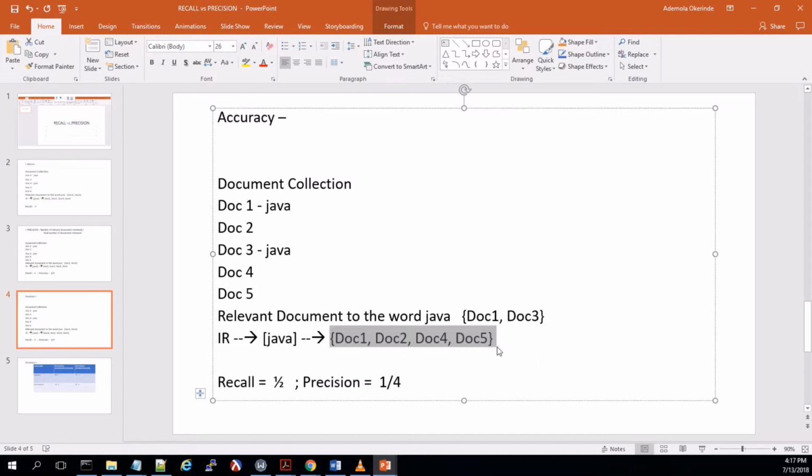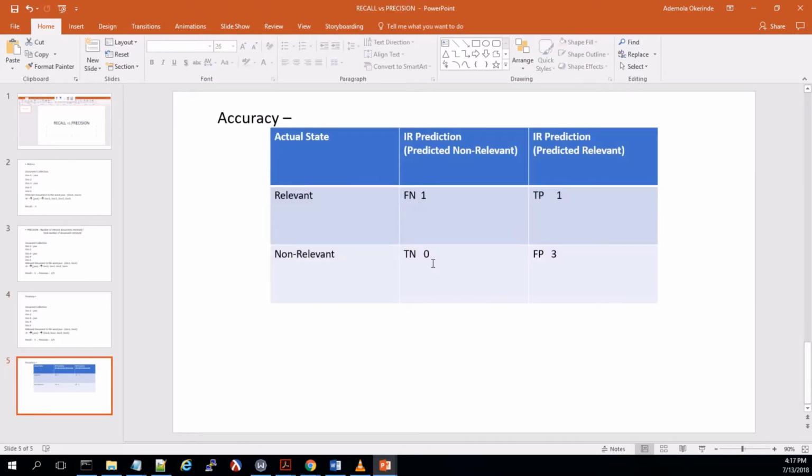How well is the IR system able to avoid the unnecessary? So it's a plus to the IR system if it is able to avoid unnecessary returns. It's just as simple as that. So you need to get that clearly.